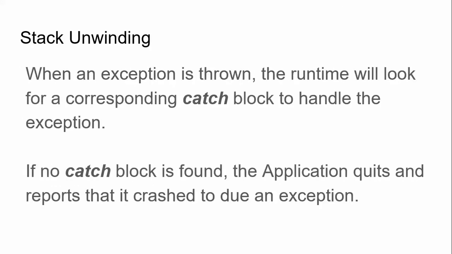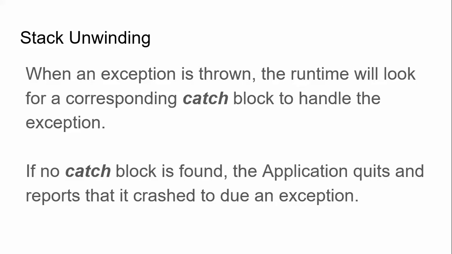Now, what happens if you're using somebody else's code, like the system libraries, and they raise an exception? How do you respond to that? Well, that's the purpose of a catch block. A catch block is where you respond to an exception that was thrown by somebody else.